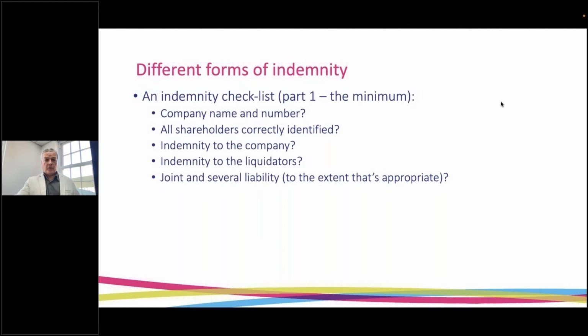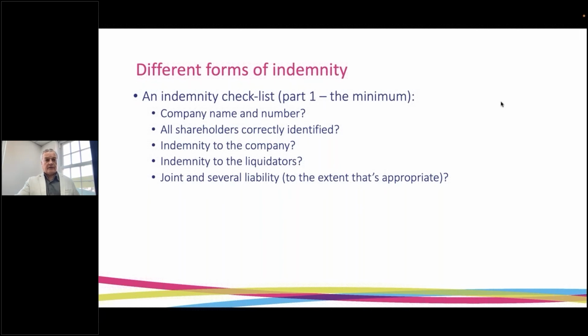Only so often the company name and number may not be changed, and I have seen this with indemnities where the company has been the wrong company or the shareholders have been the wrong ones. So it's worth having a second person just check that on the indemnities that you use to make sure that they are correct for the particular case.